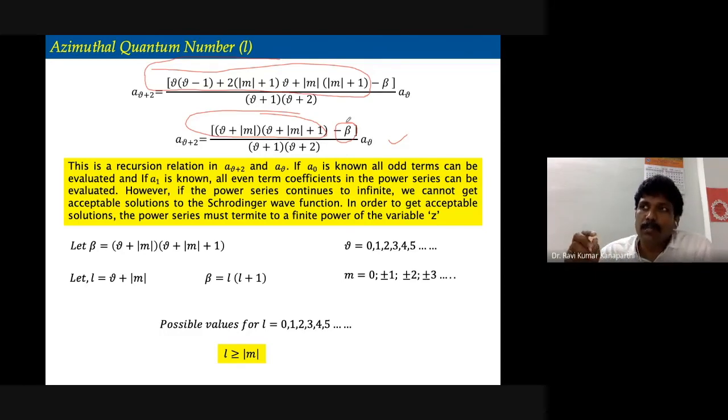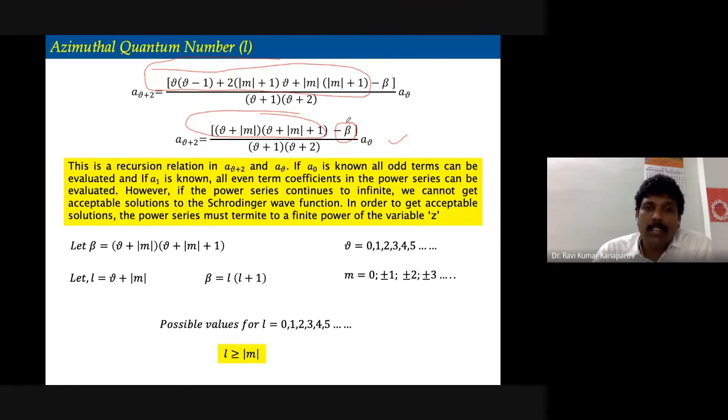Right now, that beta value is not known, but in order to get acceptable solutions, we are forced to assign some value to beta.